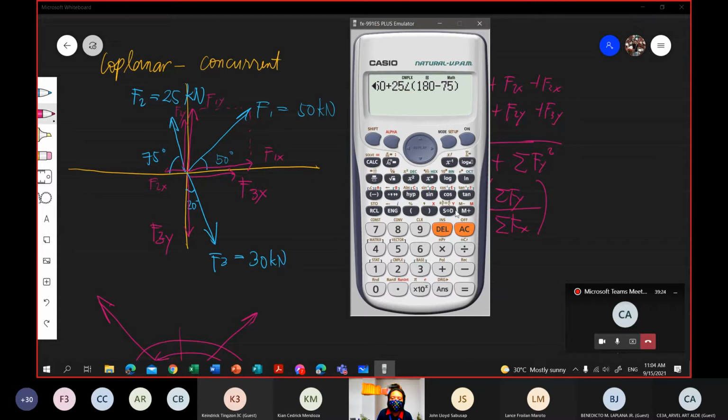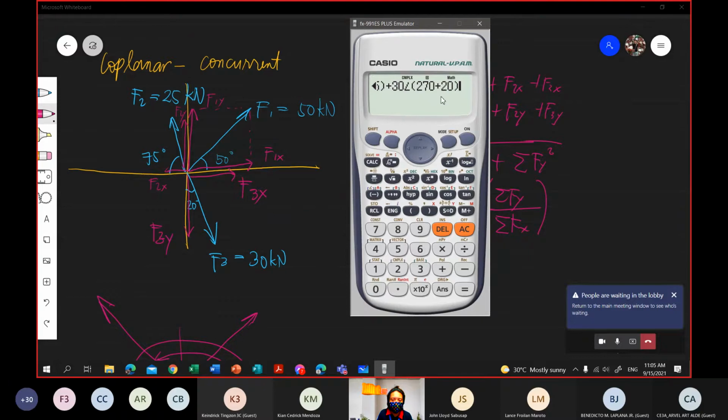Then another force, 30 kilonewton, F3. You input 30 acting at an angle. What angle? 20 from the vertical, right? But your input is always measured from the positive x-axis, so you have to use a grouping symbol: 270 plus 20.